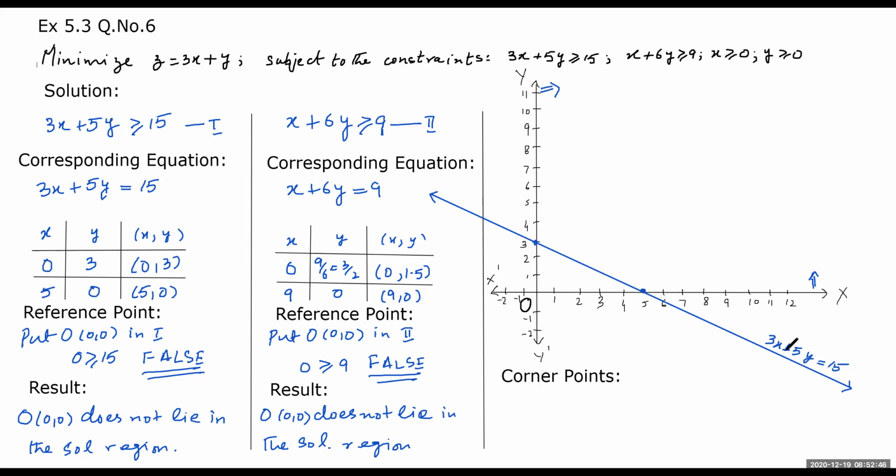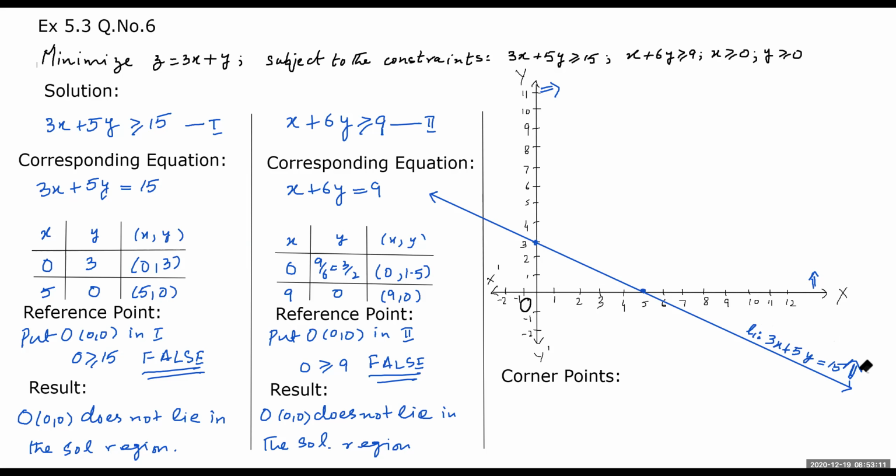And now mention which side we are going to shade. As the origin does not lie in the solution region, the origin is on this side of the line, so I'm going to put the arrowhead on this side. The solution region of this line is going to be on this side. And then I'm going to name my line. As this was the first line, I'm naming it as line number 1.